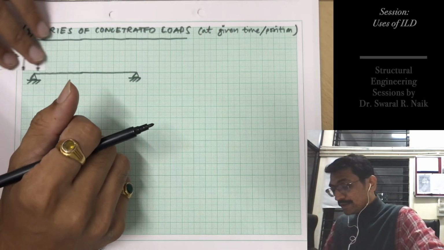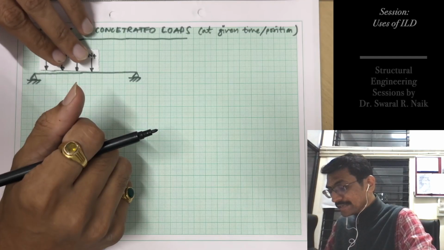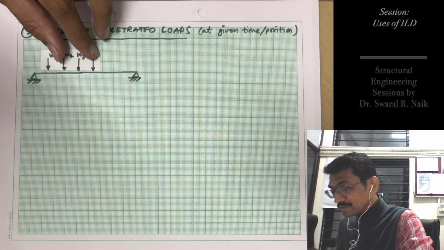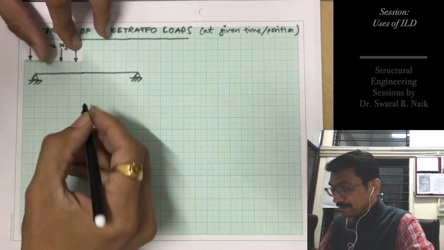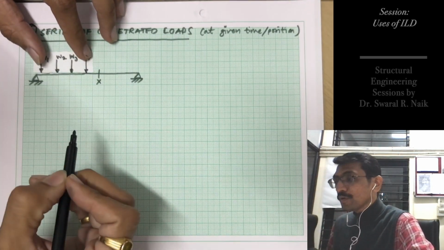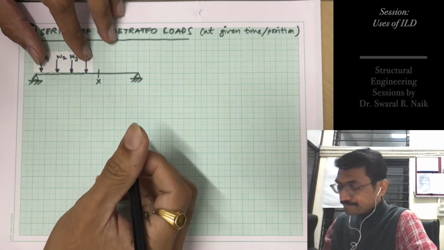So during this motion, at some position, at some time, at this position of these loads, I want to calculate, this is my x, the value of SFX and BMX using ILD.